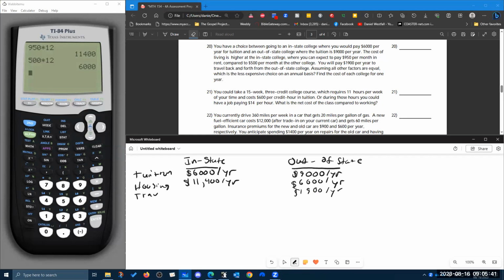We're going to assume that there are no additional travel expenses in the in-state column because you're going to already be home. Assuming all other factors are equal, which is less expensive? This is really a bad assumption, because just because you're in state doesn't mean you're living at home.